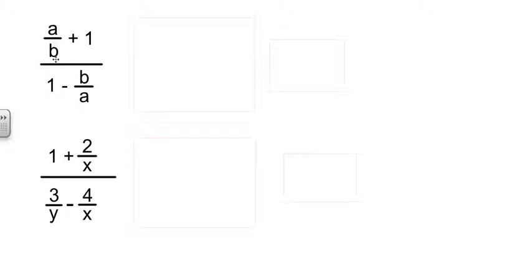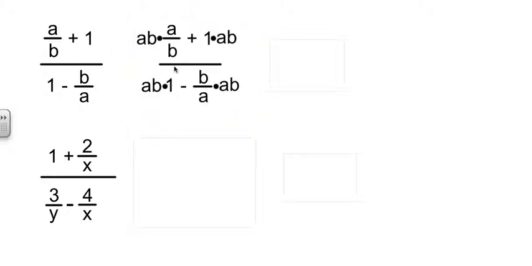The denominator here is a b, this one is an a. These two don't have denominators printed. If they don't print one, it's assumed to be a 1. So I'm going to get everything to the same denominator and multiply by that denominator to each term. Common denominator is b times a. So I'm going to multiply each one by b times a.